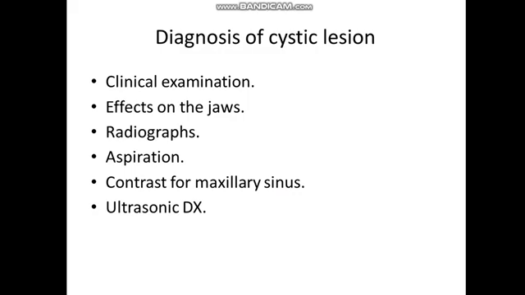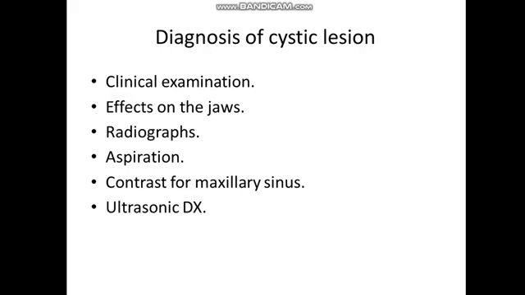Radiographical views: actually, there are many types. It could be a periapical view, or an OPG, orthopantographic view, or an occlusal view. These can be used for small cystic lesions.